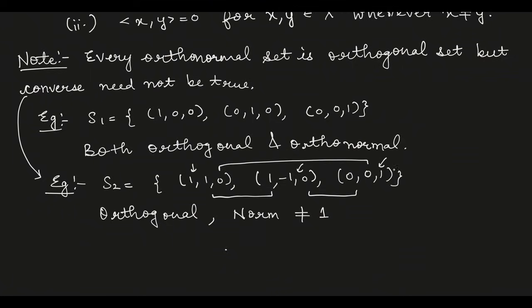So it is not orthonormal. This means every orthonormal set is orthogonal, but the converse is not true. An orthogonal set need not be orthonormal.